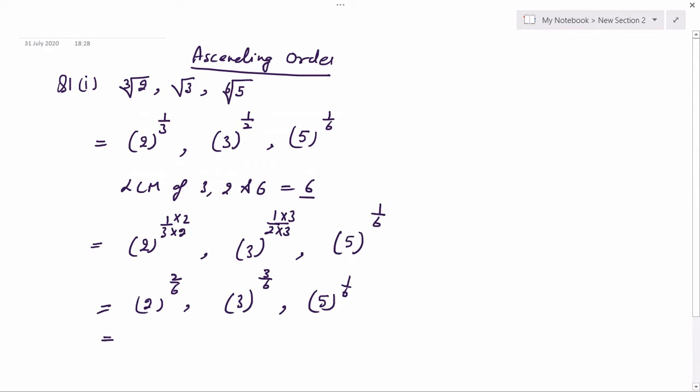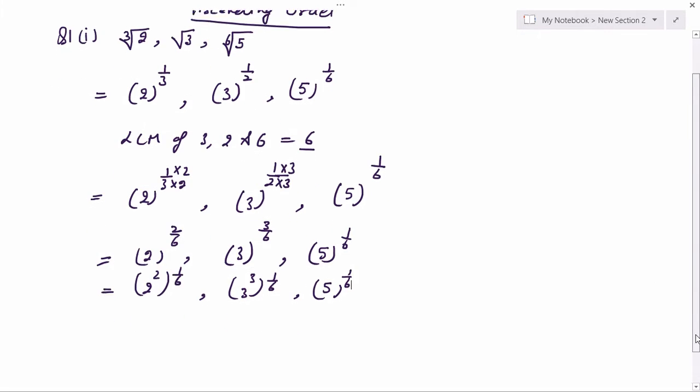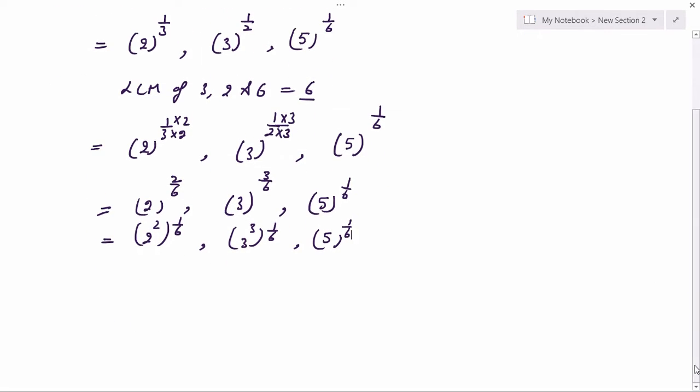Now what you have to do, you can take this numerator with this number: 2 raised to power 2 and whole to the power 1 by 6 as a root form, 3 raised to power 3 and whole to the power 1 by 6, and 5 is already in the form of 1 by 6. Now what we are basically doing here, we are making their roots equal. Once we make their root equal, then you can compare them easily, right?